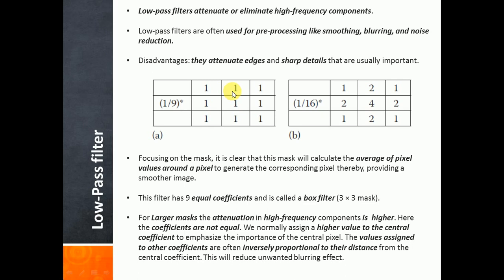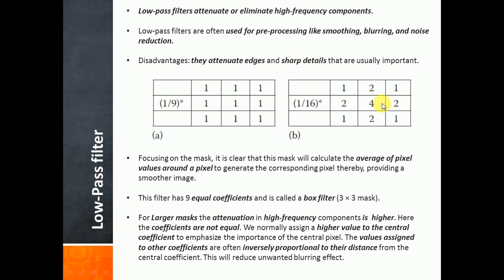Somewhat better is this one. Here the pixel in question has the highest weightage as opposed to the neighbors. This is a better example. The further you go away from the central pixel, the lower the values get.